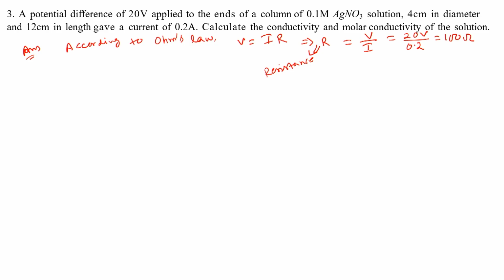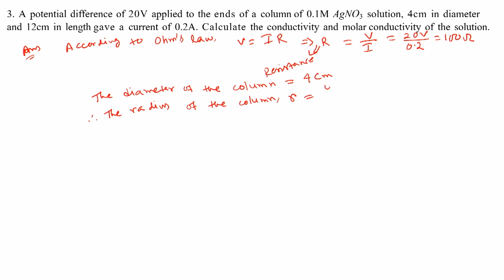Now the diameter of the column is 4 centimeter. Therefore, the radius of the column, if we say this is r, is 4 by 2 equals 2 centimeter.